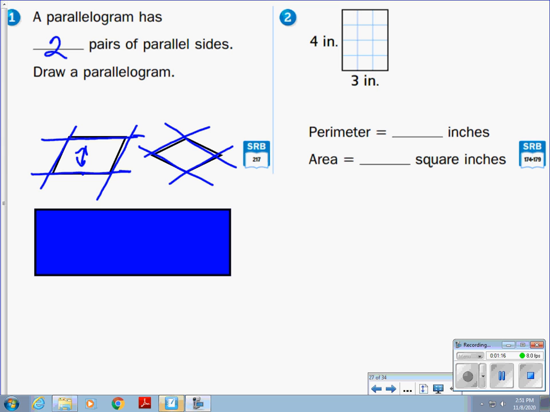All right, number 2. What is the perimeter? Remember, perimeter goes around the entire boundary of your rectangle. So we would have 4 plus 4 equals 8, and 3 plus 3 equals 6.